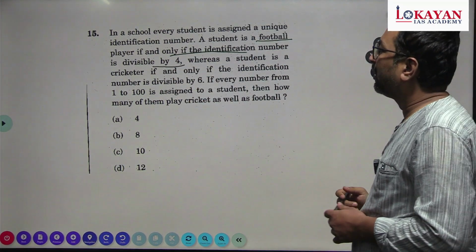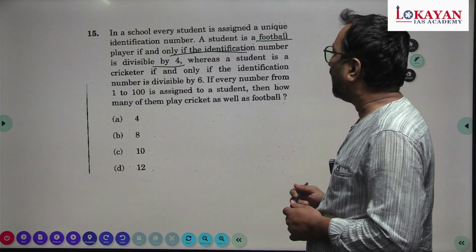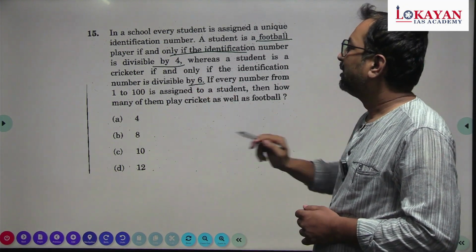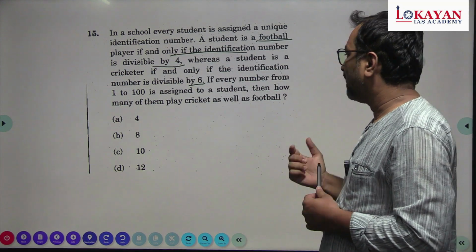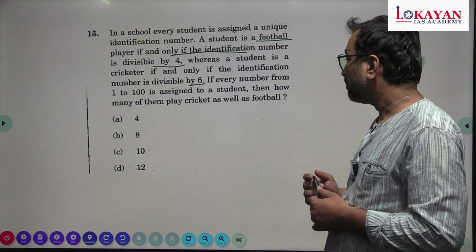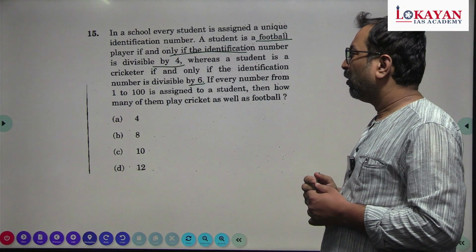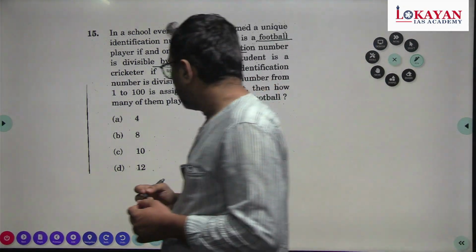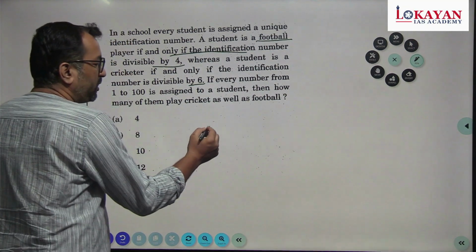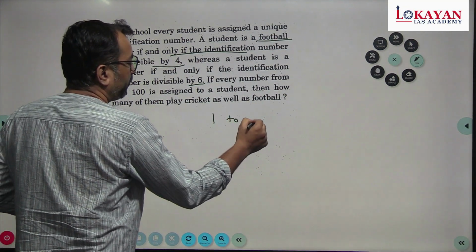Whereas a student is a cricketer if and only if the identification number is divisible by 6. If every number from 1 to 100 is assigned to a student, then how many of them play cricket as well as football, right? So numbers which have been assigned are 1 to 100.